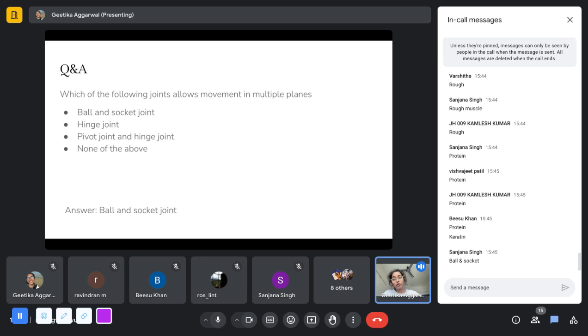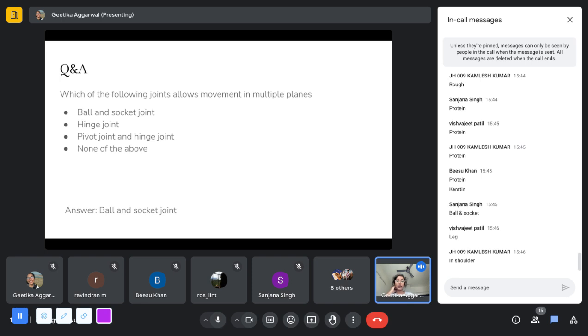Anyone can give me an example of a ball and socket joint? Examples of ball and socket joints?